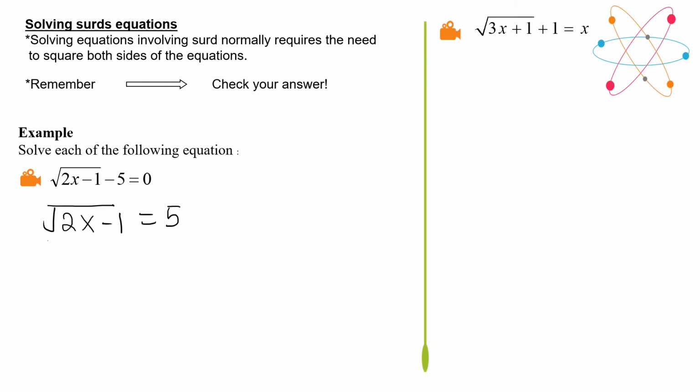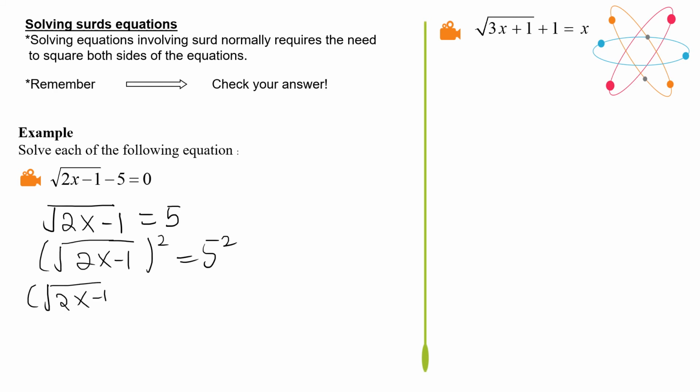Now, square both sides. Surd 2x minus 1 squared means surd 2x minus 1 times surd 2x minus 1. 5 squared is 25.